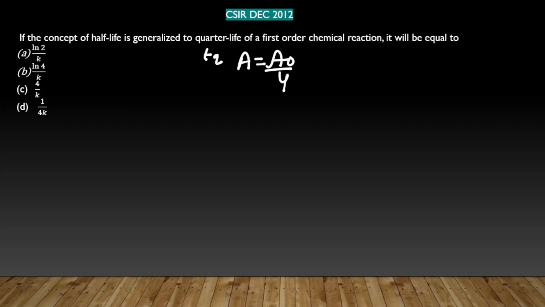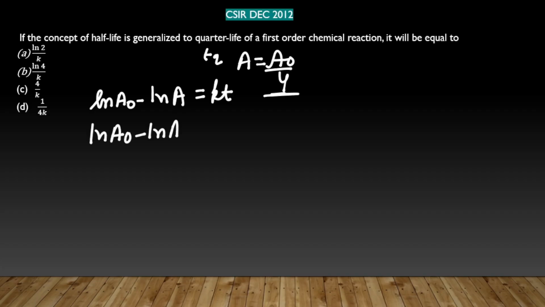Okay. So for the first order reaction, we know the integrated rate expression is ln of A naught minus ln of A, which is equal to kt. Now for the quarter life, we have to impose this condition. So it will be natural log of A naught minus natural log of A naught by 4, which is equal to k t quarter.